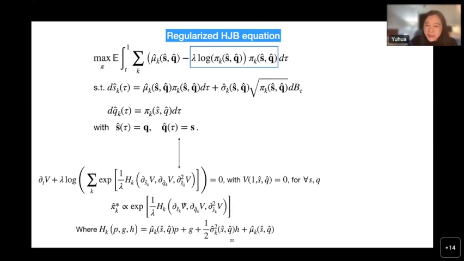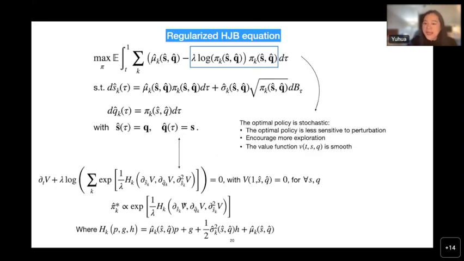There are several advantages to this regularized version. First, for the previous one, the optimal policy is a deterministic policy, where we choose the optimal arm which has the biggest Hamiltonian, right? But for this one, the optimal policy is actually a stochastic policy, so it's less sensitive to perturbation. Second, the value function becomes smooth.